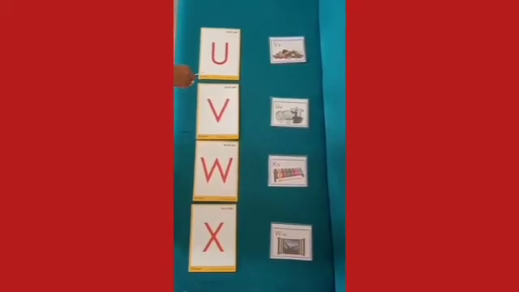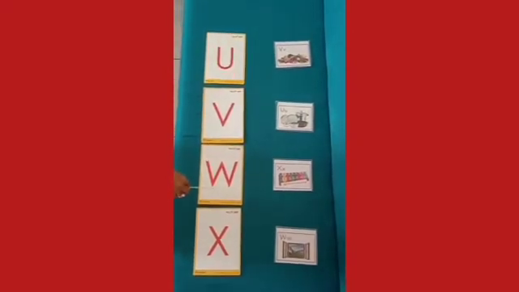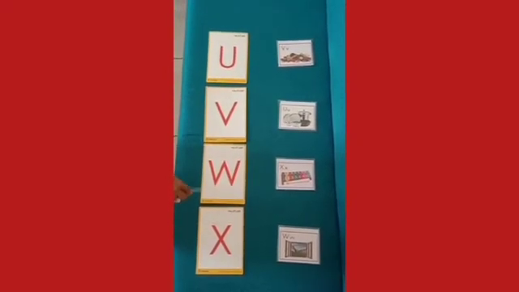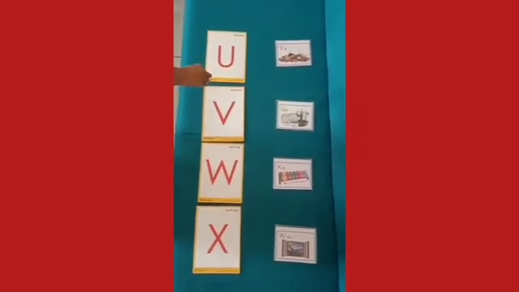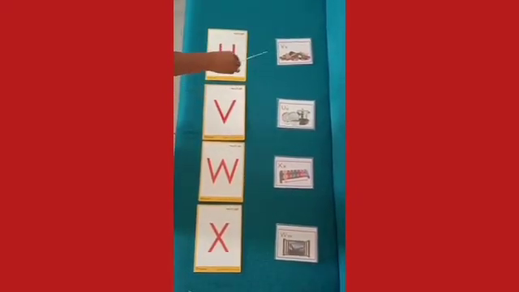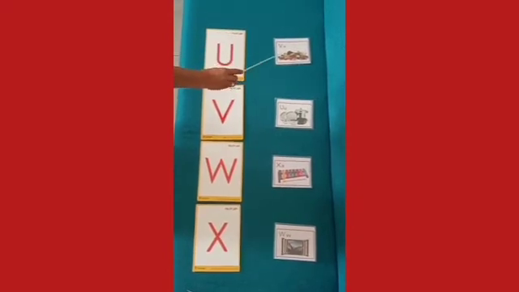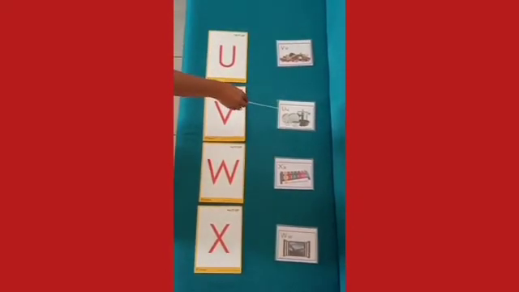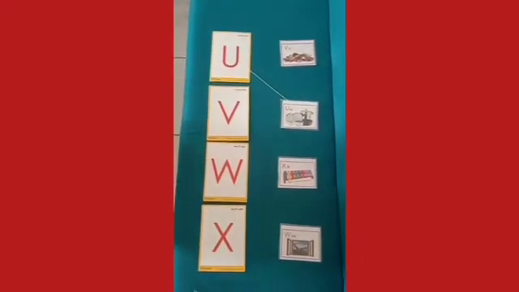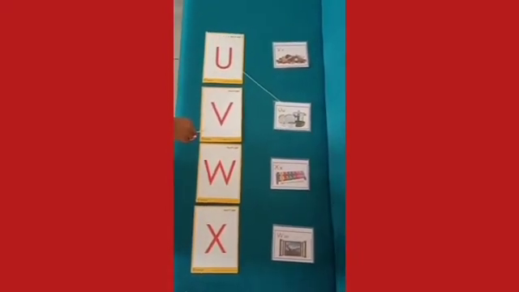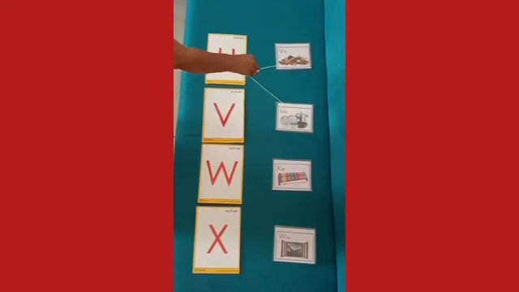Here we have U, V, W, X and their related pictures. First alphabet is U. U for vegetables? No. U for utensils. So we will match it with utensils. V for vegetables.